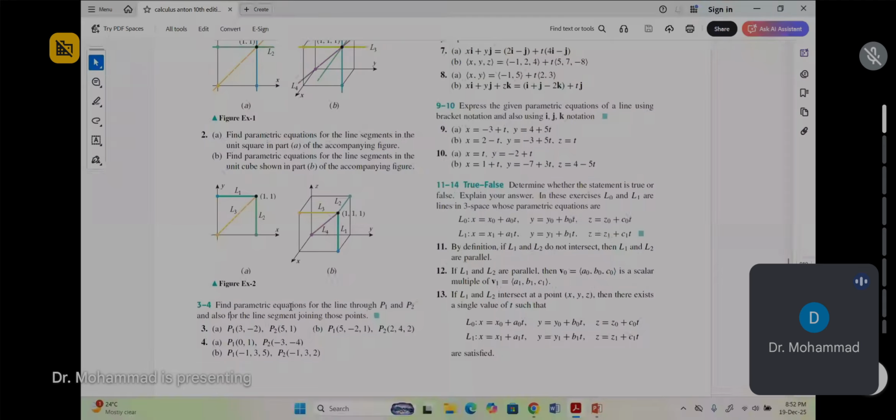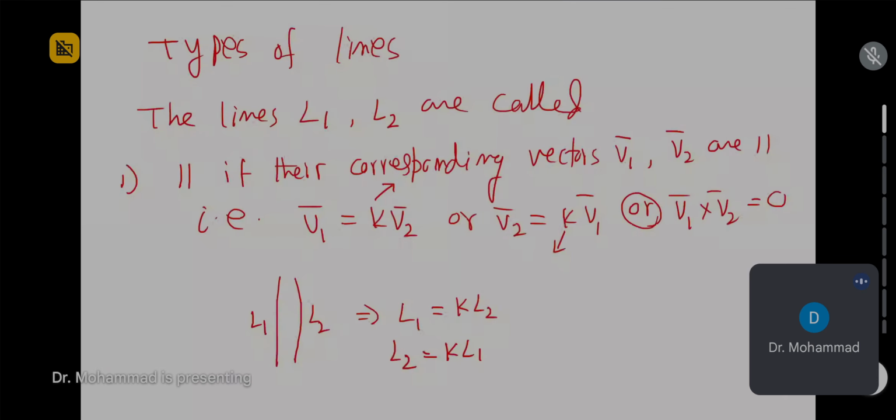So P1 is (-1, 3, 5), and P2 is (-1, 3, 2). Now we need to find the parametric equations for these two lines.